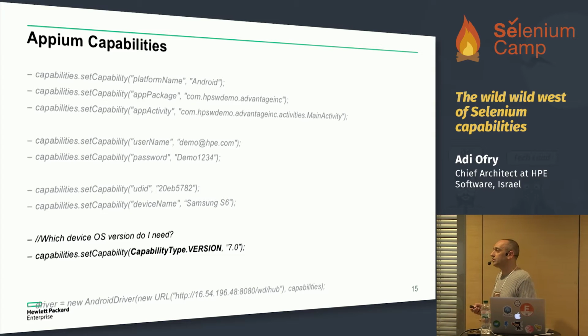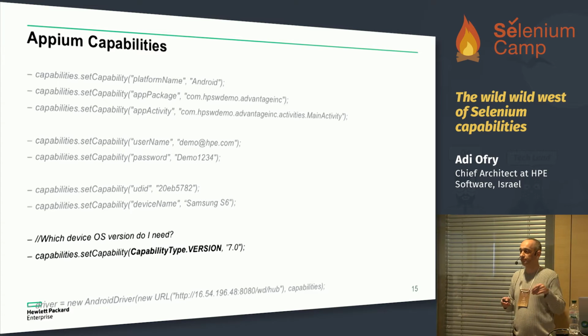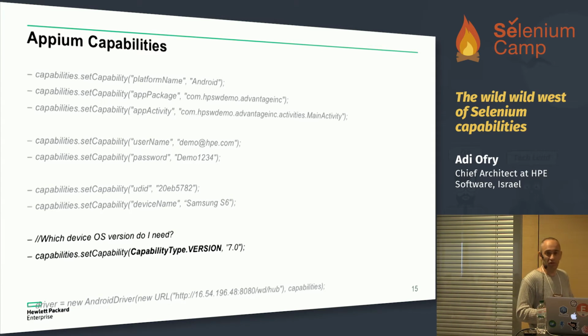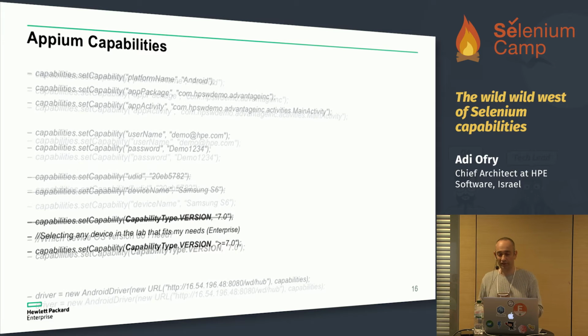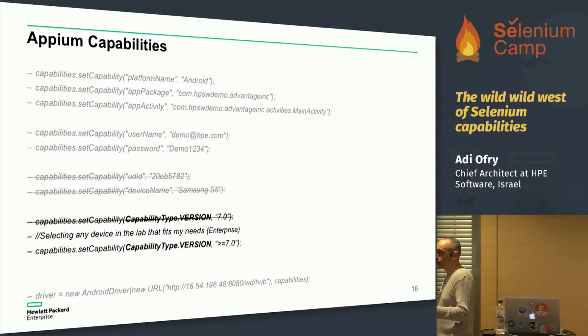And with Appium, you can say, I want to use a certain OS version of a certain operating system. Like I want to use a mobile with 7.0 version. But that's also limiting. What you really want to say is, give me any Android.